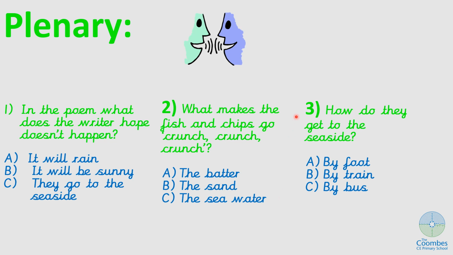How do they get to the seaside? Is it A, by foot, B, by train, or C, by bus? Okay, once you've answered those questions, the next slide will show you the answers, so get ready to check your answers.